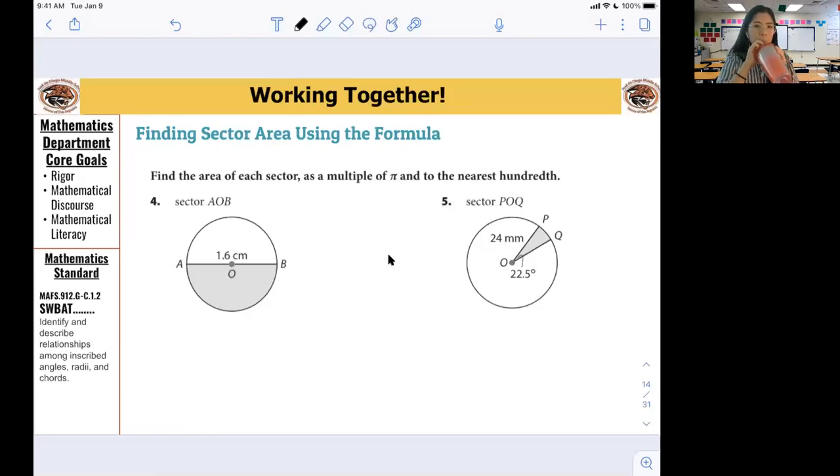Miss, what does it mean as a multiple of pi? In terms of pi.